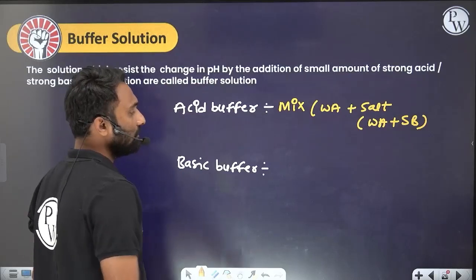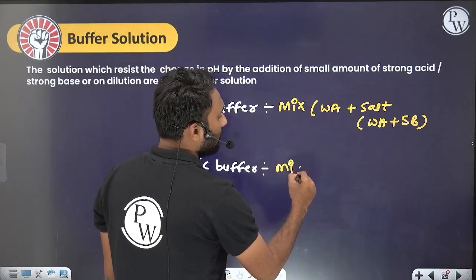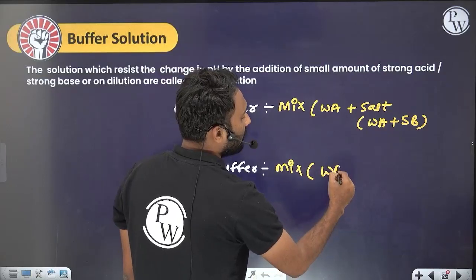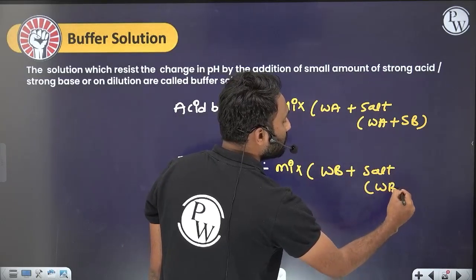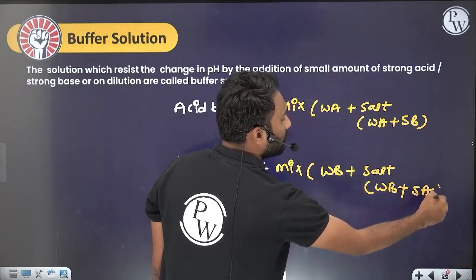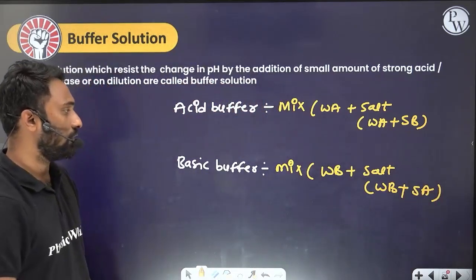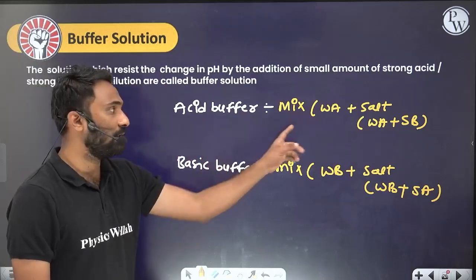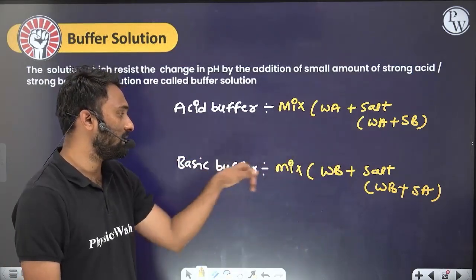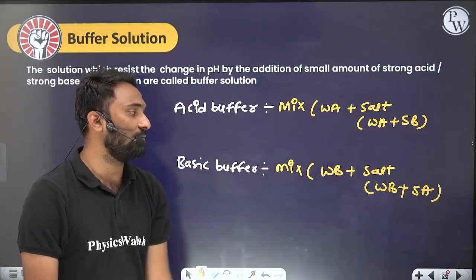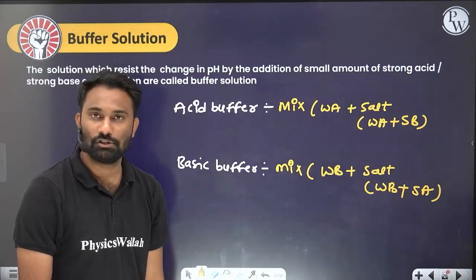Now the basic buffer is a weak base plus the salt of the weak base plus a strong acid.